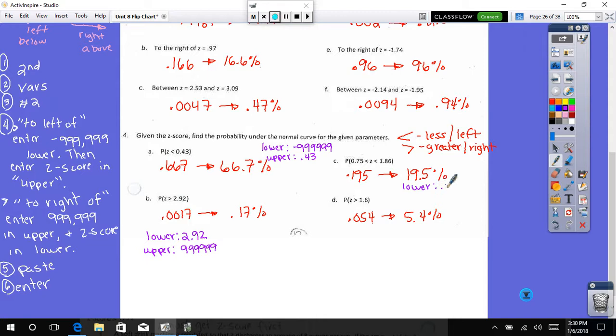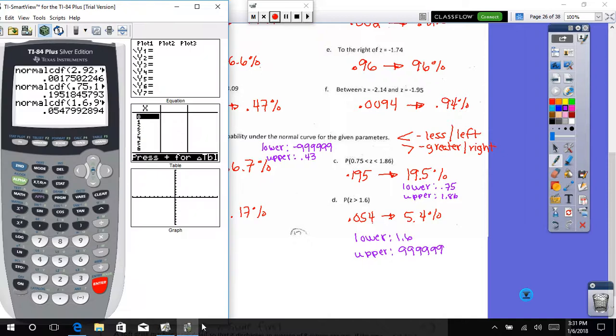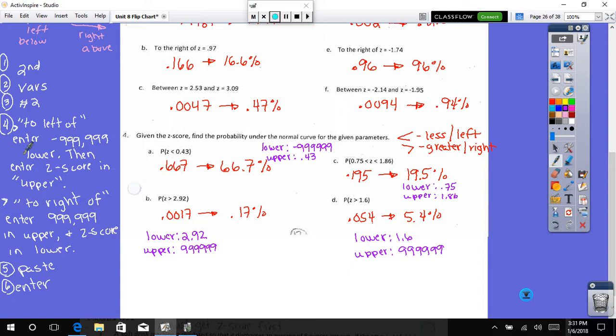For this one, our lower was the 0.75, and our upper was the 1.86. Just want to make sure y'all have this on here somewhere so you can refer to it later. This one, the lower was our z-score, and the upper was our unknown. Remember how to get there. Again, make sure you have these written down.